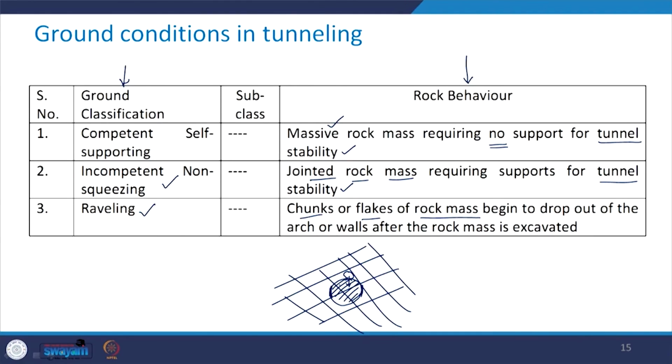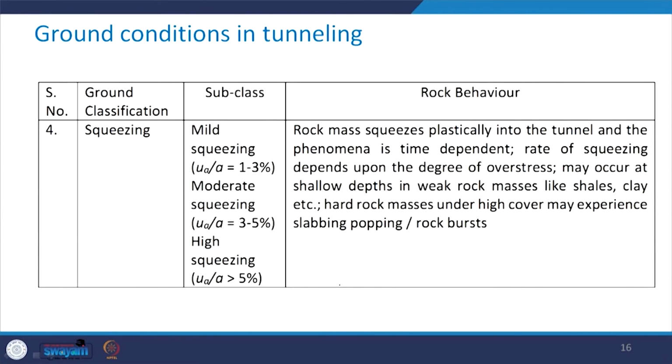This kind of ground condition is called raveling. The fourth one, which is very important and needs a lot of care, is squeezing. It has various subclasses. First let us see what we mean by the squeezing ground condition, and then I will explain why it is divided into different subclasses.